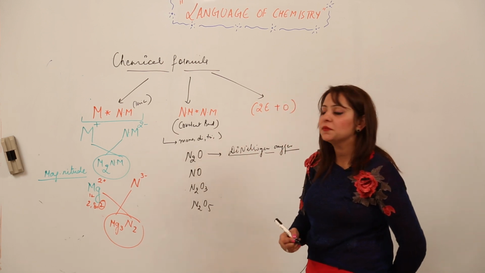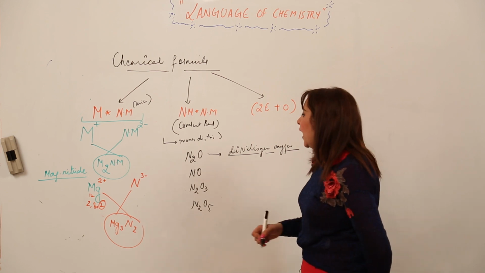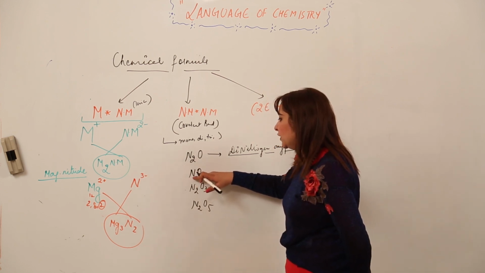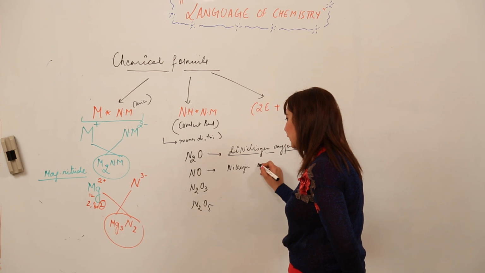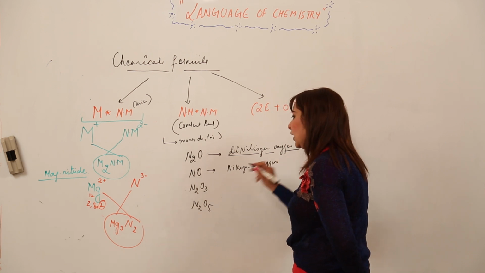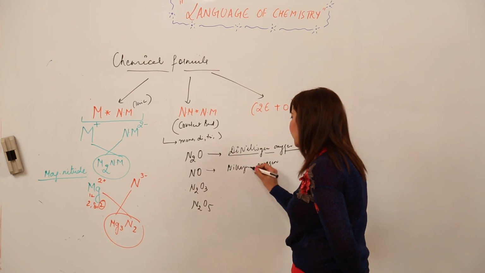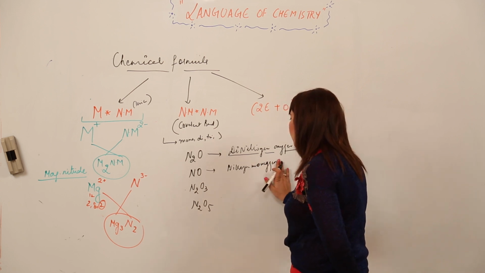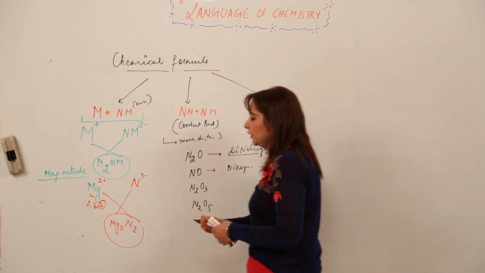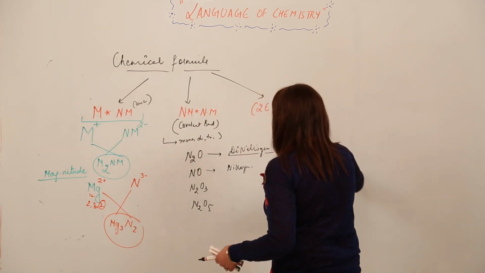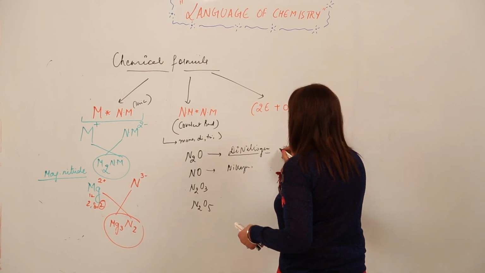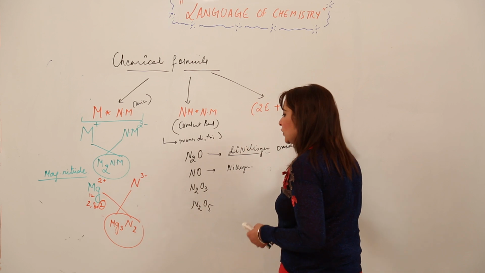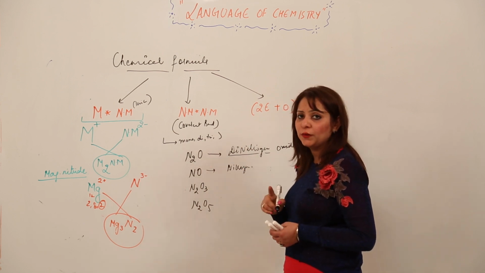Sorry, one more thing I need to tell you, I missed it. It is dinitrogen, and the second part you need to write the oxide. Oxygen will no longer remain as this, it will become oxide. So it is dinitrogen oxide, because it ends with a negative radical, so oxygen always ends with IDE.